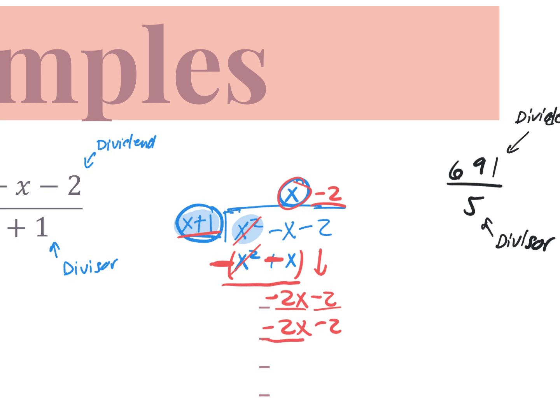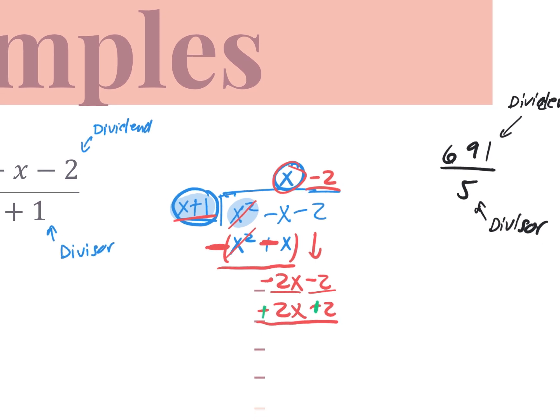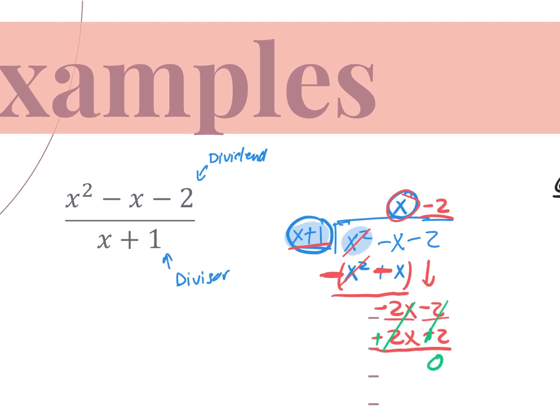And then after this, you would subtract. Subtracting, you would change the sign of everything. And so what happens now is we have a negative 2x plus 2x, that goes away, and we have a negative 2 plus 2, that also goes away. So we have a remainder of 0, meaning that x plus 1 is a factor of x squared minus x minus 2.